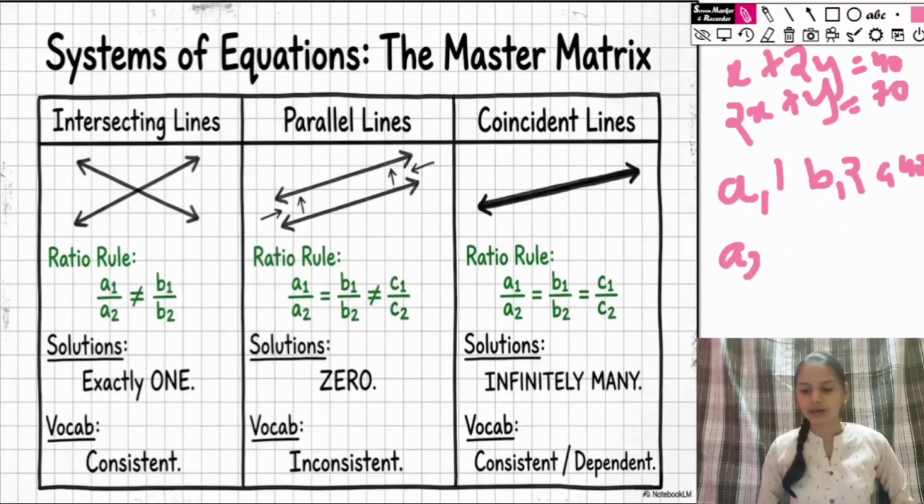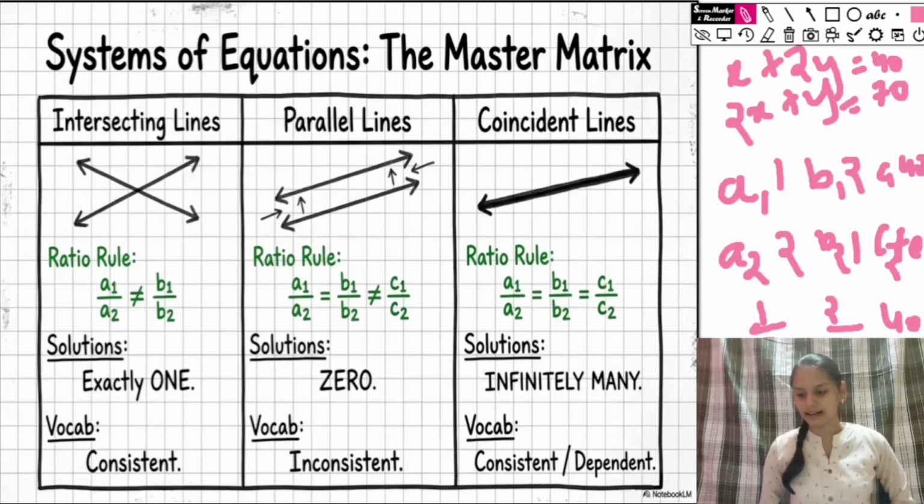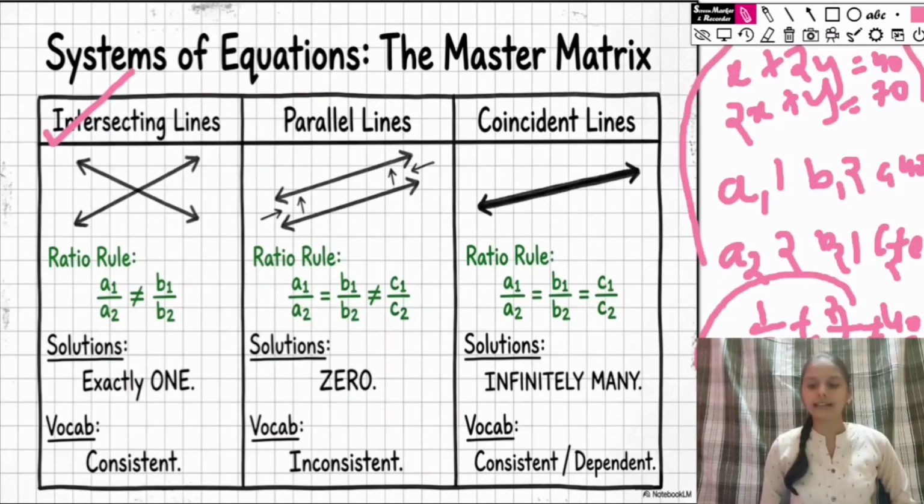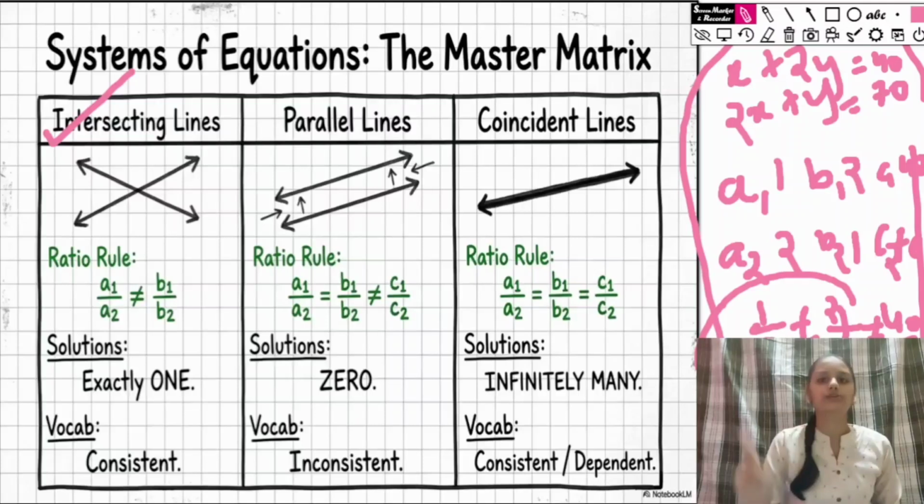And a2 is 2, b2 is 1 and c2 is 70. Now take the ratios: 1 by 2, 2 by 1, 40 by 70. This is not equal to this, and this is not equal to this. Such cases are intersecting lines, which means when I solve it and plot it in the graph, I'm going to get intersecting lines and only one unique solution.